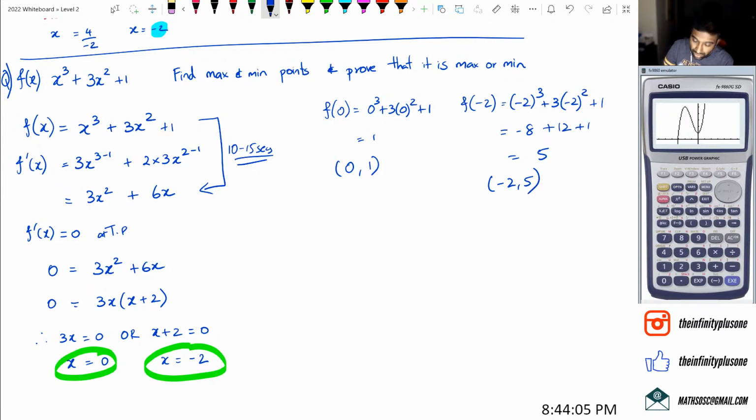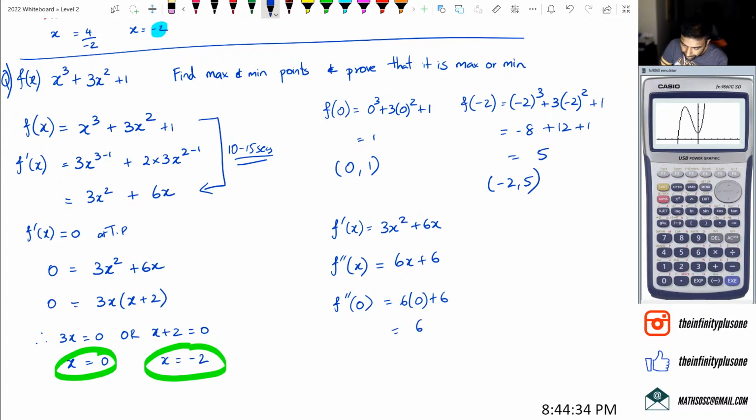But here's the question: how are we going to prove it using f double dash? We know that f dash of x is 3x squared plus 6x. We differentiate it twice and we get 6x plus 6. Now I'm going to substitute 0 in, and you get 6 times 0 plus 6.